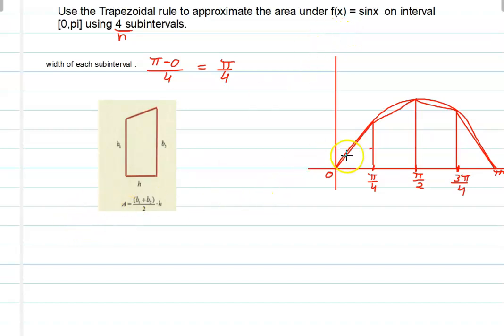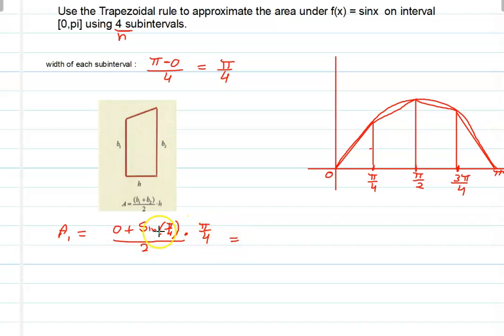So let us find the area of the first trapezoid. B1 is 0 here, so 0 plus the other parallel side B2, which is the y value at pi over 4. So we just plug pi over 4 into the given function. This is sine of pi over 4 times the width. Width of each interval is pi over 4, all divided by 2.